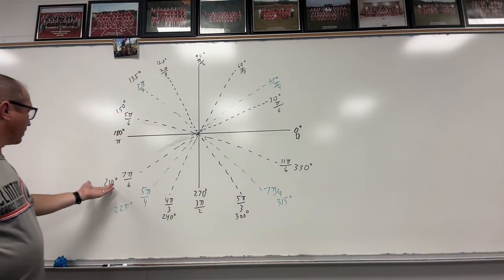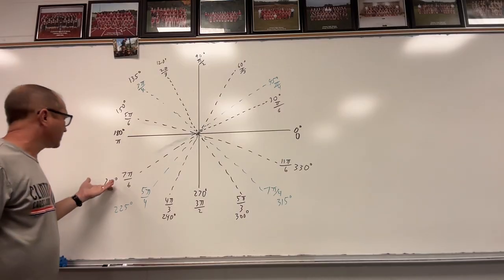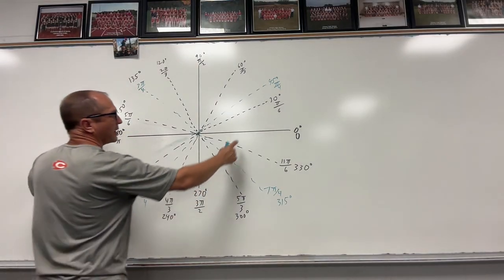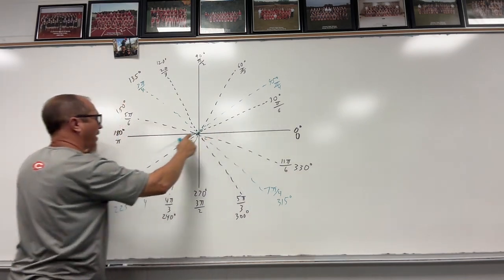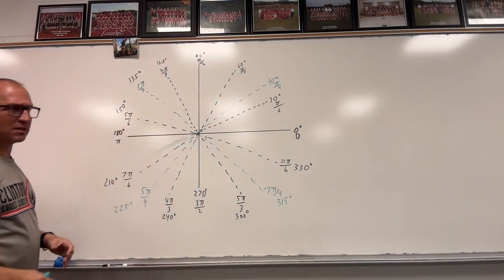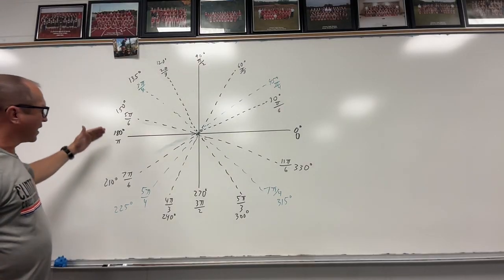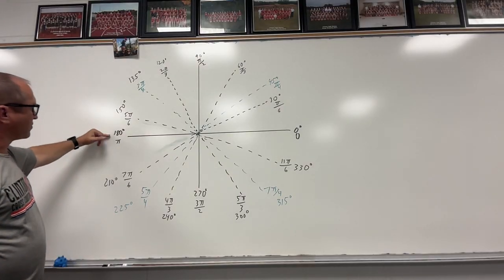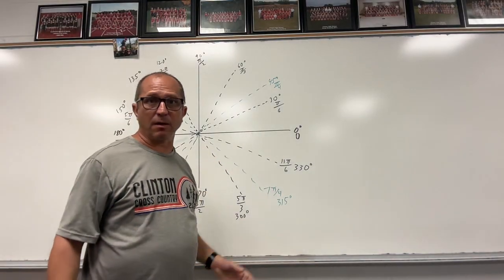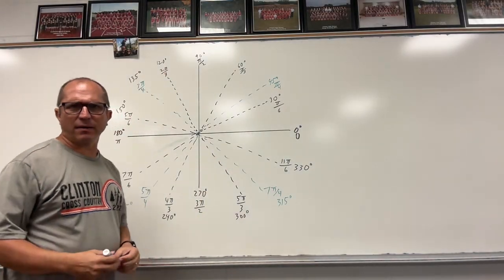If you think about 210 degrees, it is pi plus 30 degrees, which is 1/6 of pi, so pi plus pi over 6 is 7 pi over 6. So again, think about the relationship of these values to 180, and that will help you to set up and know your angles better.